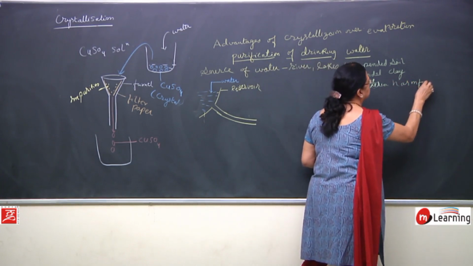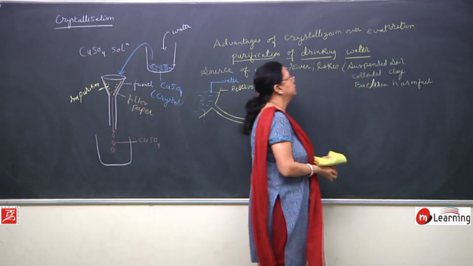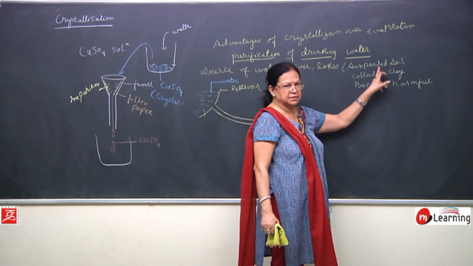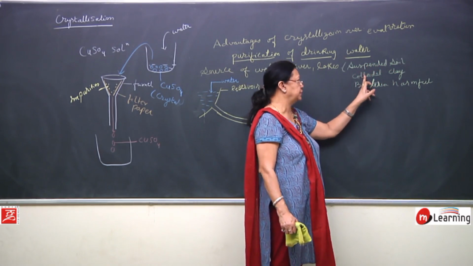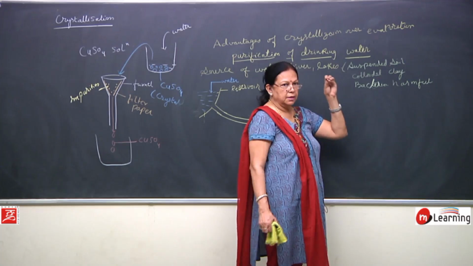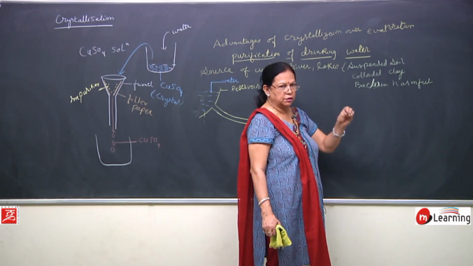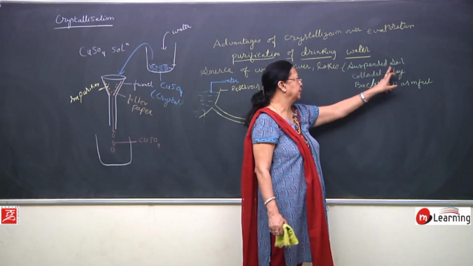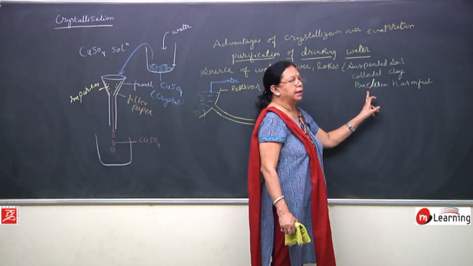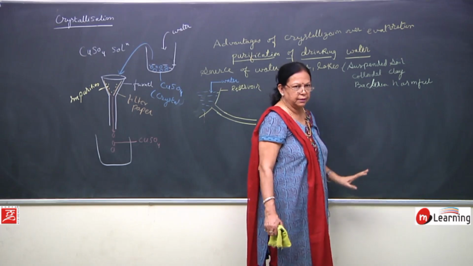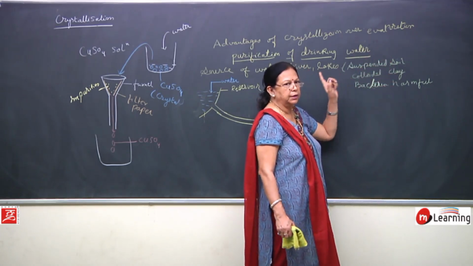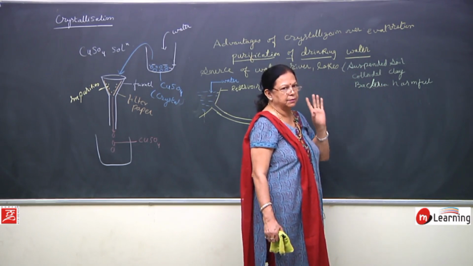So some muddy particles which are suspended. Suspension we have done, colloids we have done, true solution we have done, right. So some suspended muddy or soil particles are present here. Then some colloidal clay particles are present, and some harmful bacteria are also there. So first we have to remove all these things from this water, and then it is eligible for drinking.